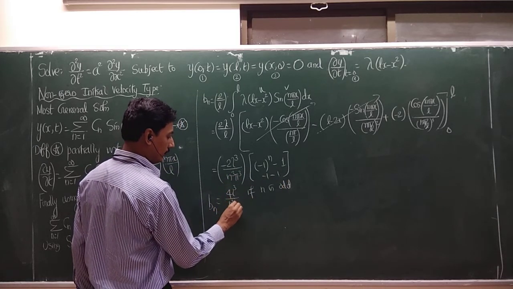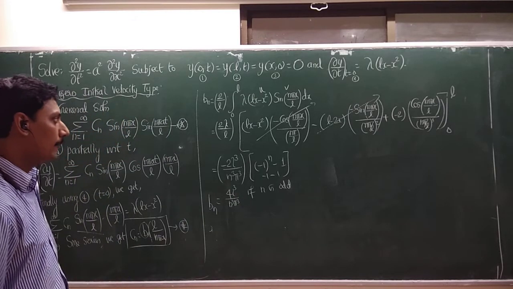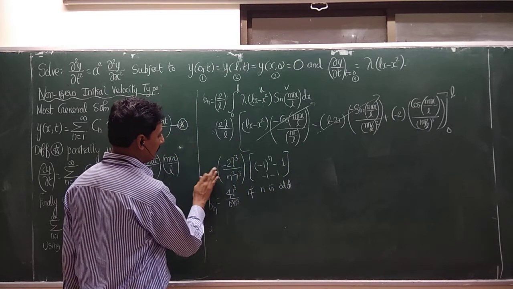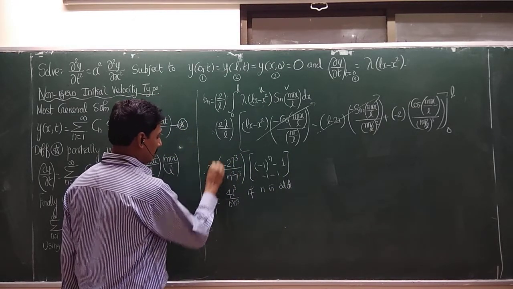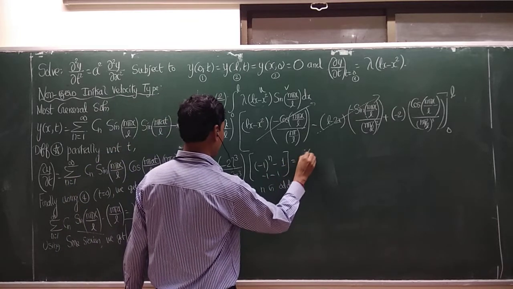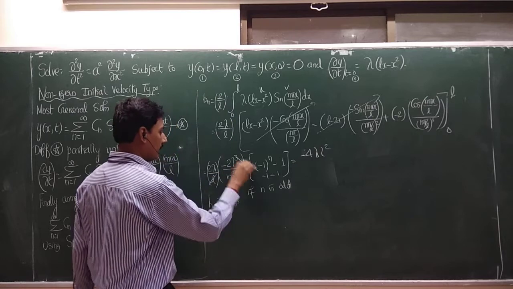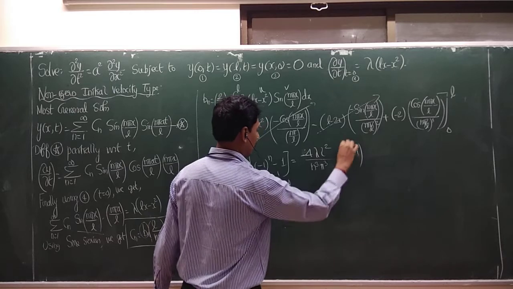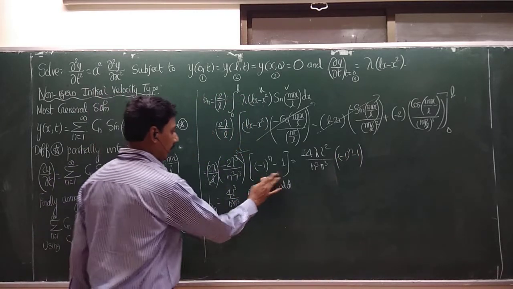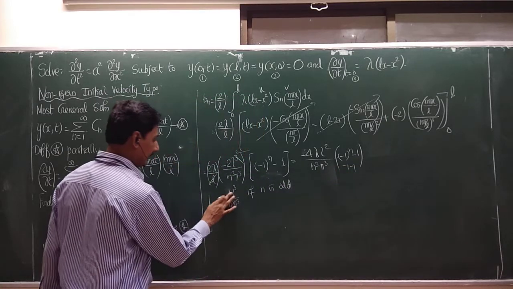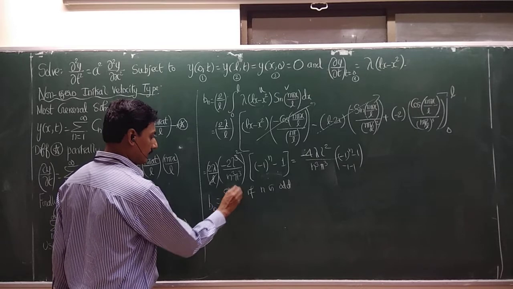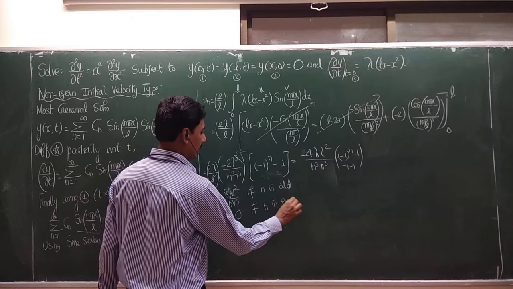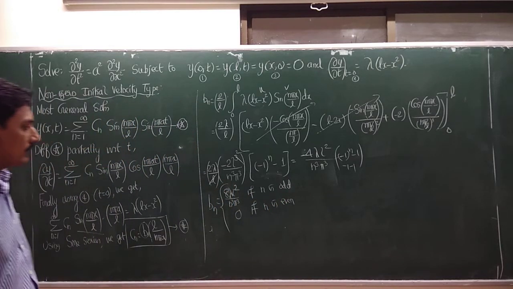Multiplying with the 2λ/l that is already there, after cancellation we get −2λl²/n³π³ times ((−1)ⁿ − 1). Now substituting n odd, we get −2, so it is plus 4... altogether 8λl²/n³π³ if n is odd. If n is even, it is 0. So the bn value is 8λl²/n³π³.